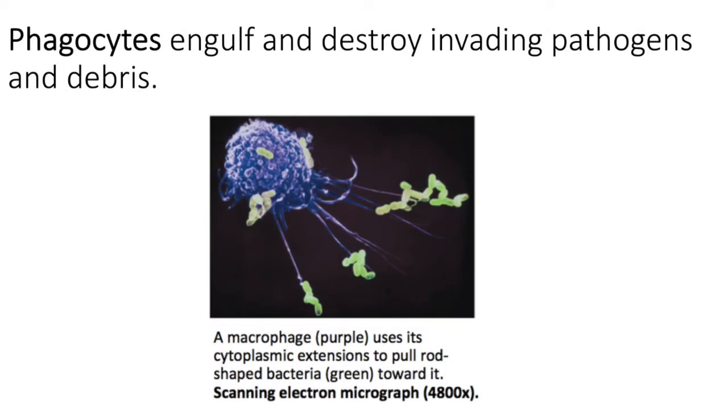Phagocytes, that prefix phagos means to eat. Cyte means cell, and so a phagocyte is a cell eater. Phagocytes are non-specific. They're innate. They have no special knowledge of the pathogen. They destroy it with equal force as the next pathogen coming around the corner.